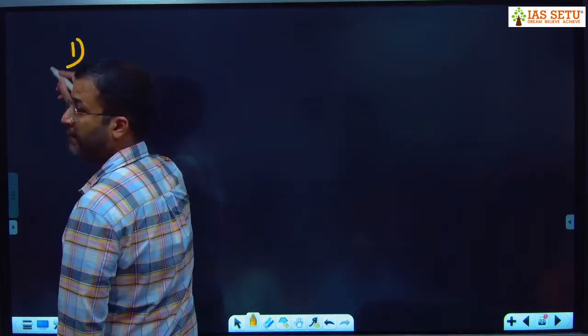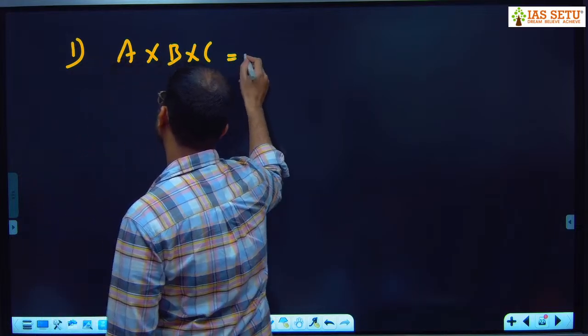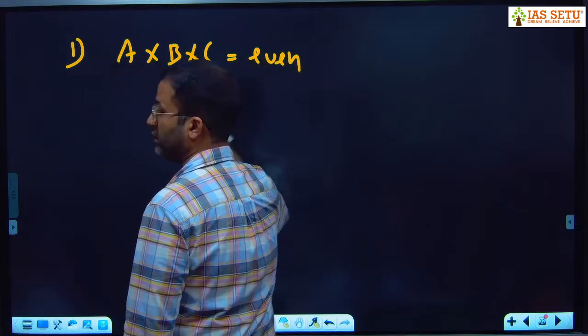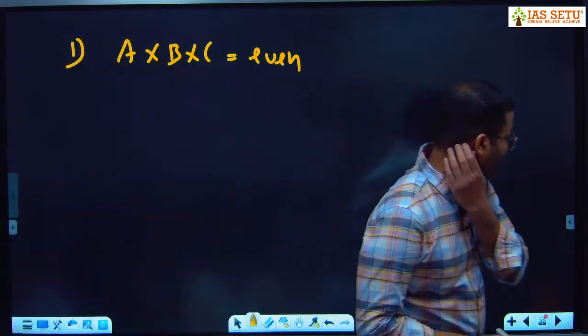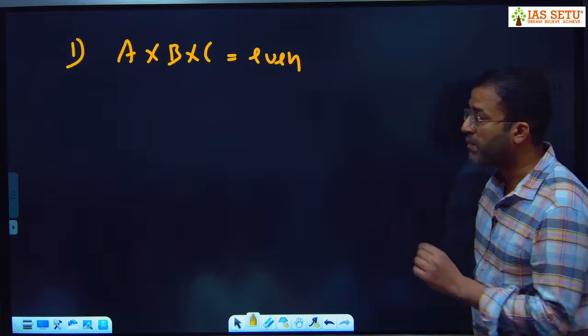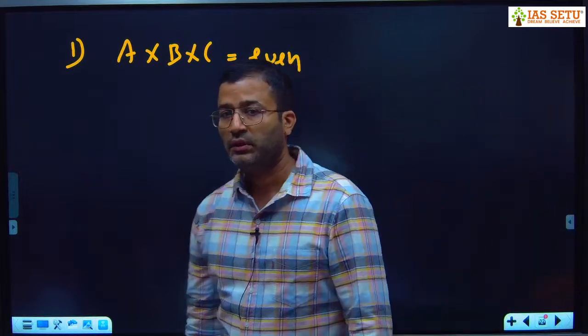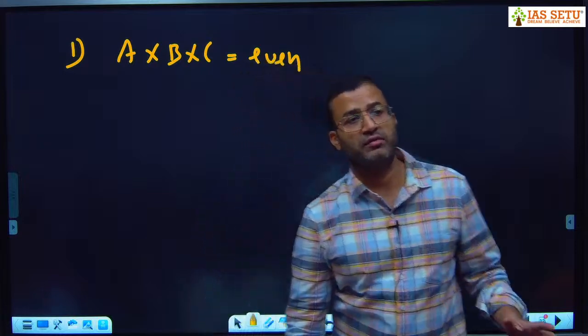Statement number 1, A into B into C is equal to even. My question: A into B into C is equal to even.